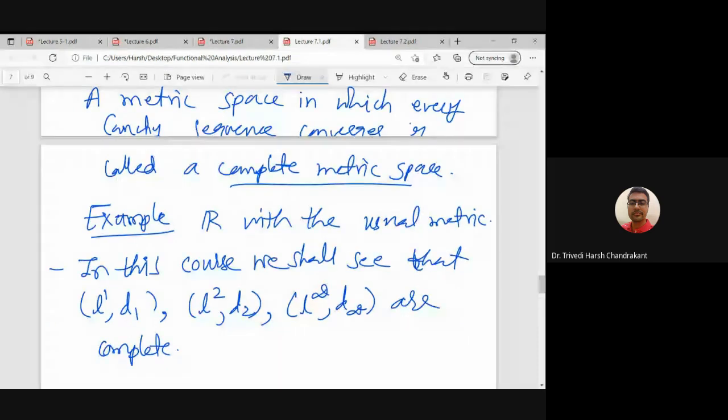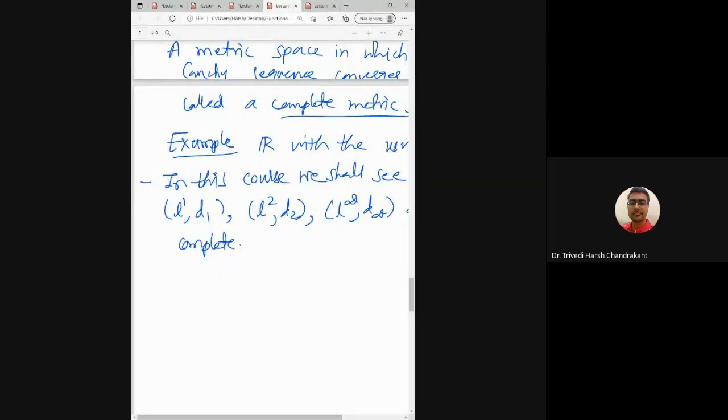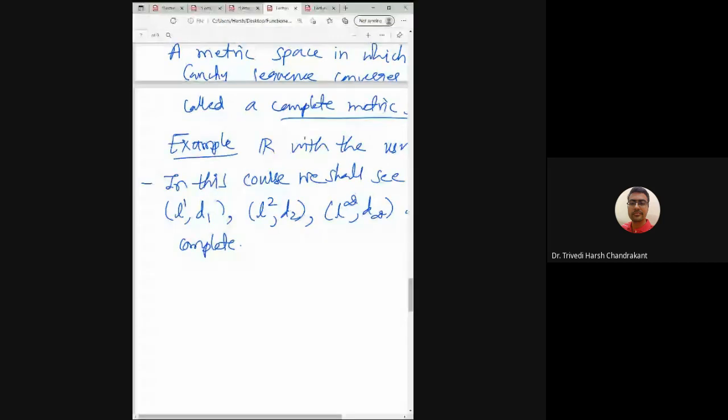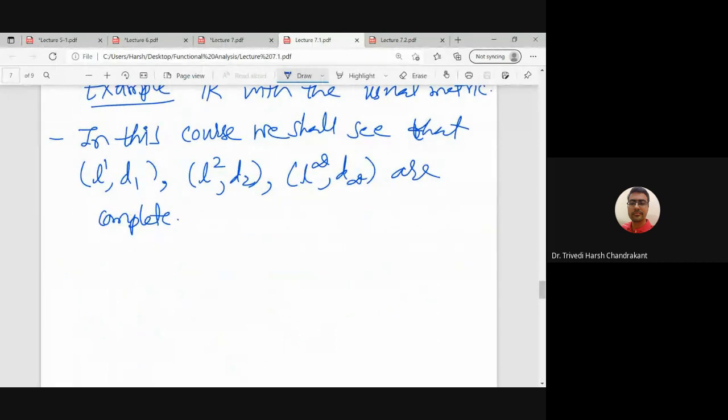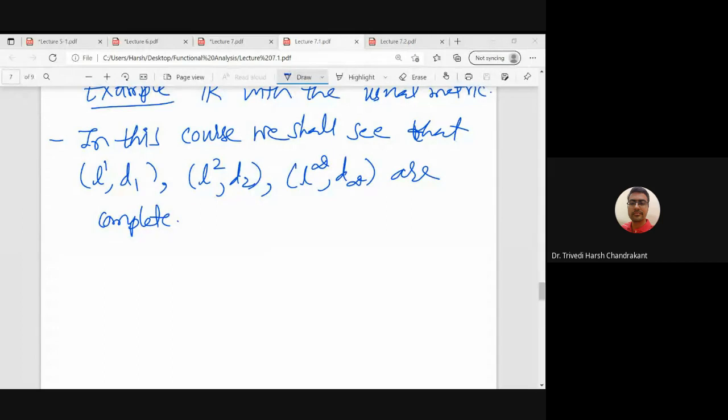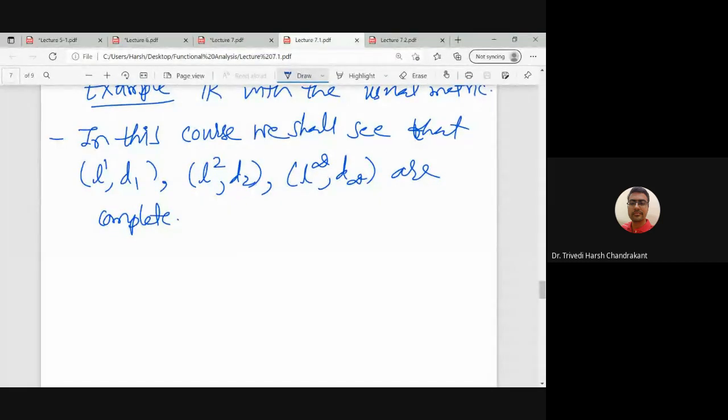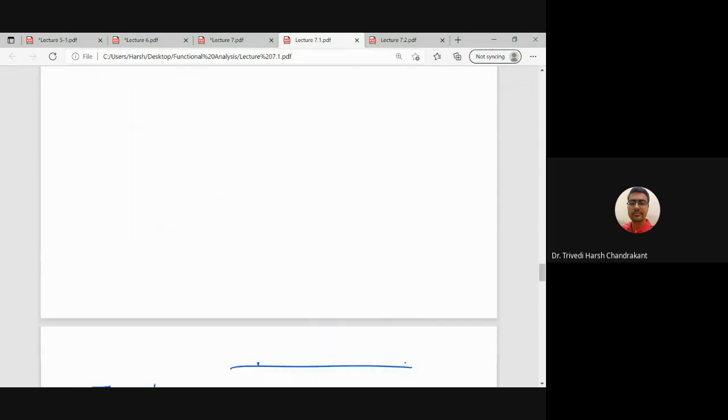Now let us see the relation between metric and norm. Just a minute. Metric and norm. So if we have a metric, we will always correspond the metric with a norm.